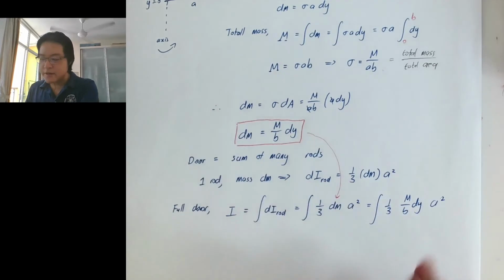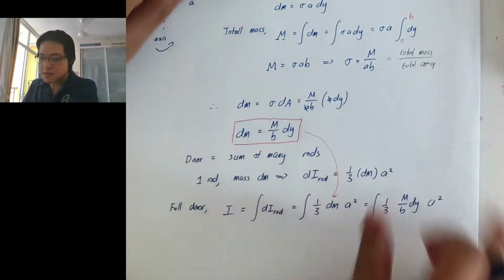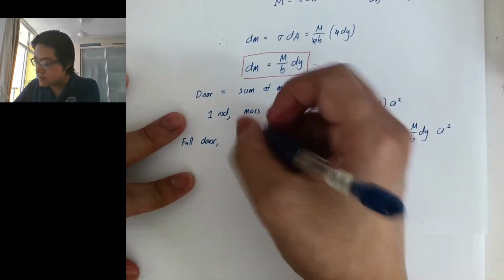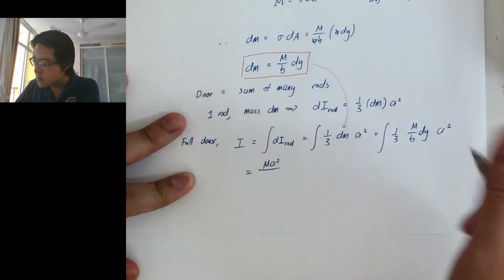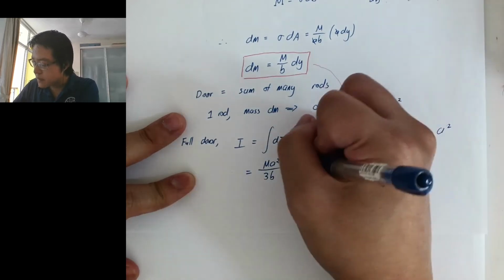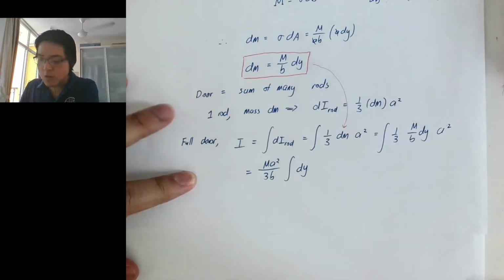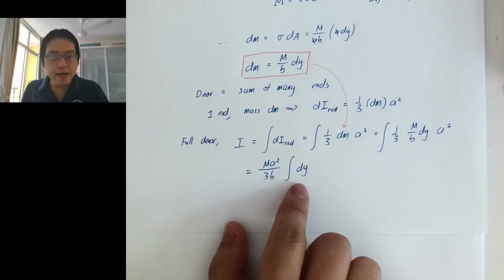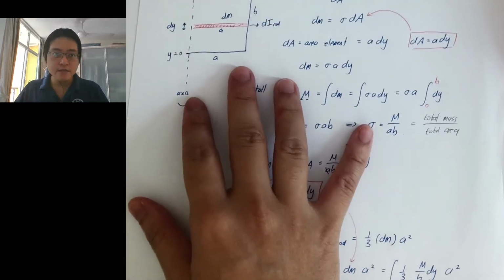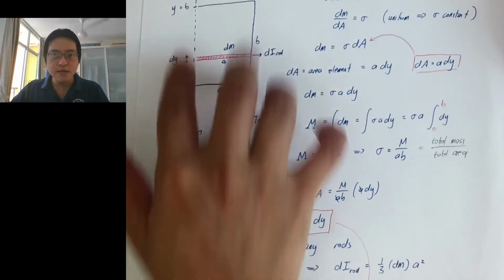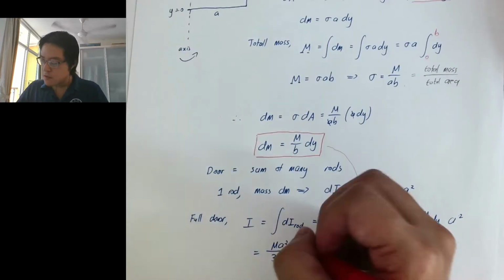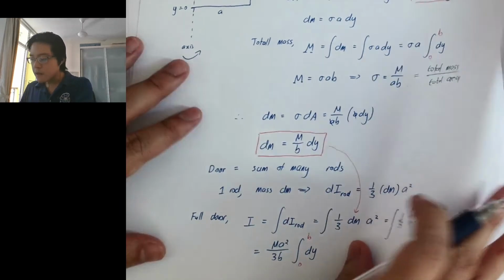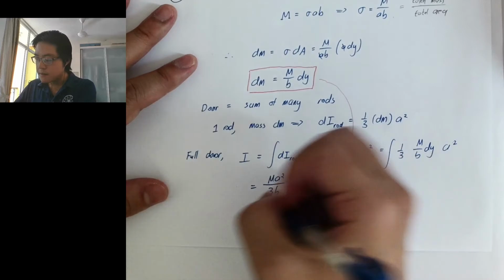The constants I can take out. So all these are constants, so I got ma squared over 3b, and then I'm just integrating dy. Then just put in the limits. The first rod is at 0, the last rod is at b, same as just now. Put in the integration, and then work out the rest.